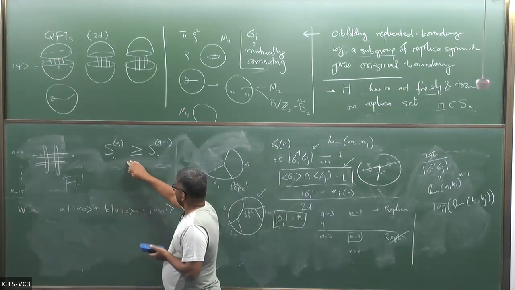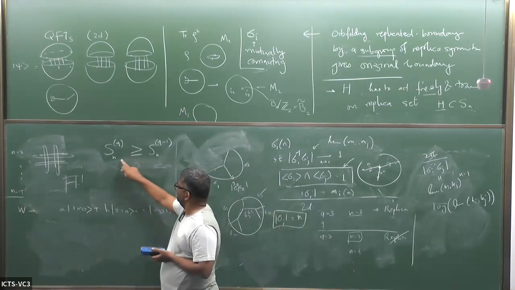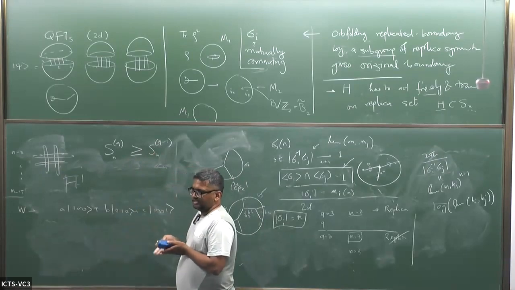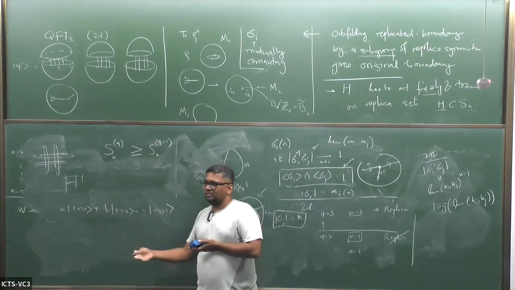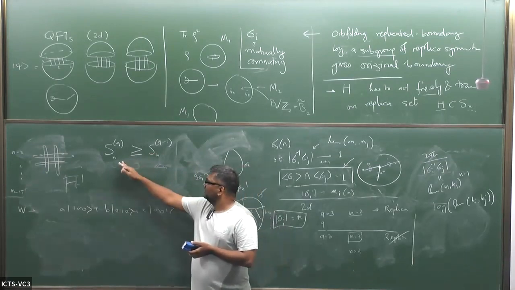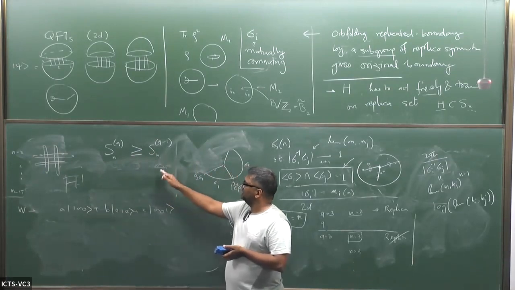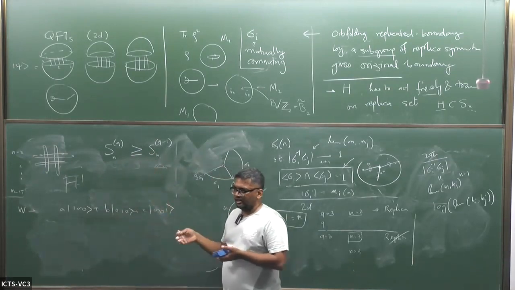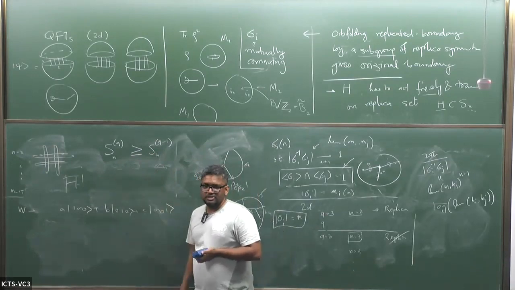By Q minus 1, I mean compute the same measure, but now you identify a pair of parties as a single party and compute a Q minus 1 type measure on that state. And it always turns out that it is smaller than this quantity. So there's some sort of monotonicity under coarse graining for this measure.